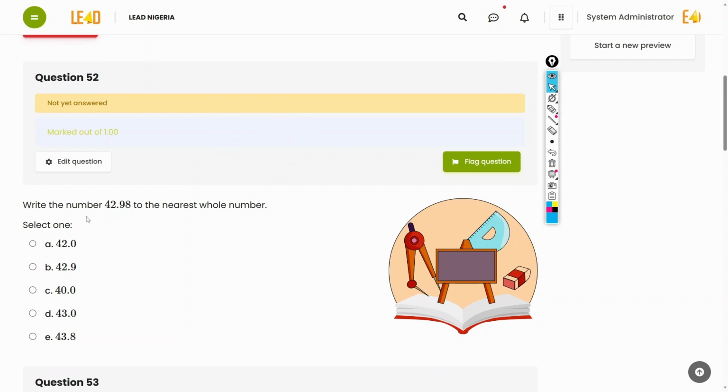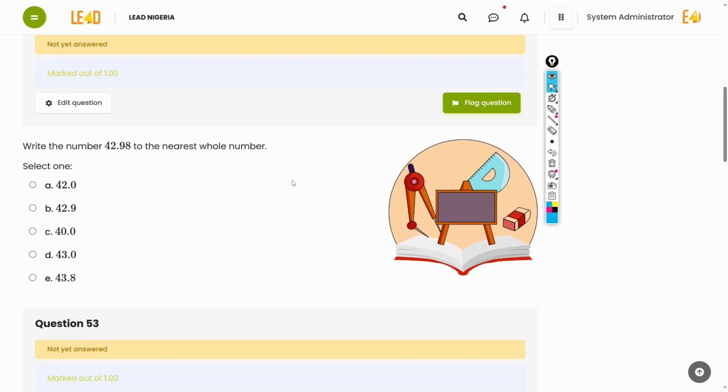Question 52. Write the number 42.98 to the nearest whole number. The nearest whole number position here is 2.